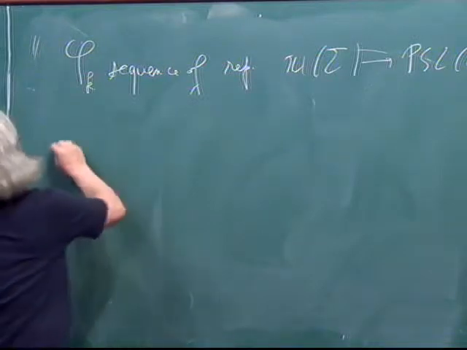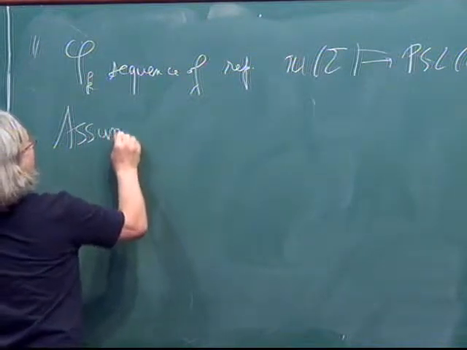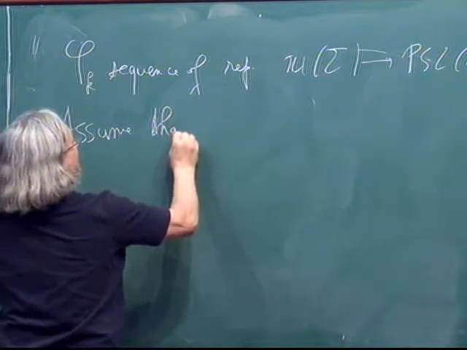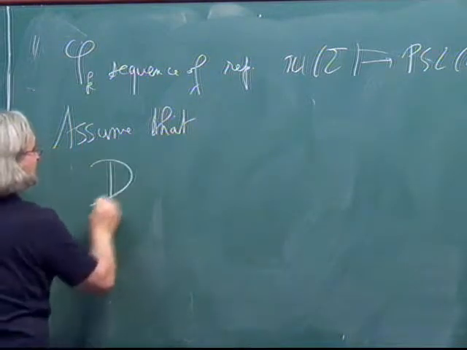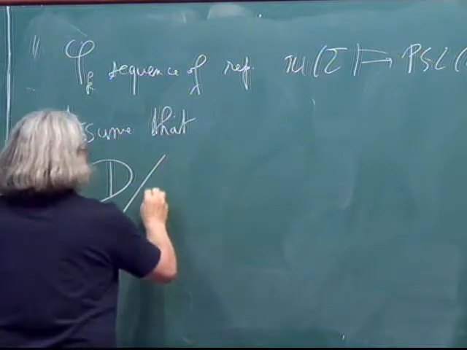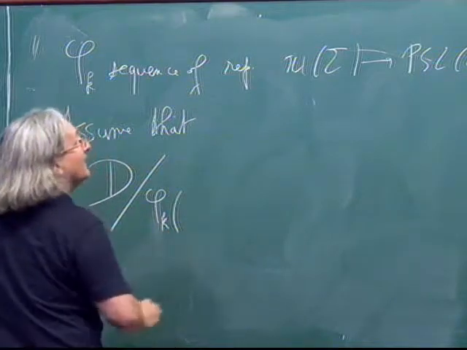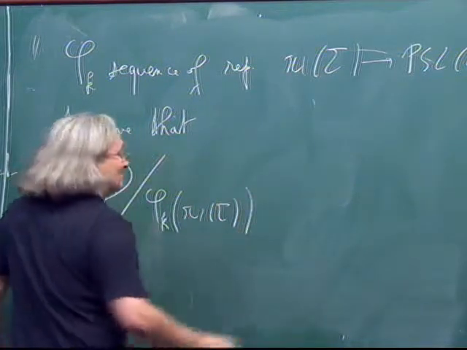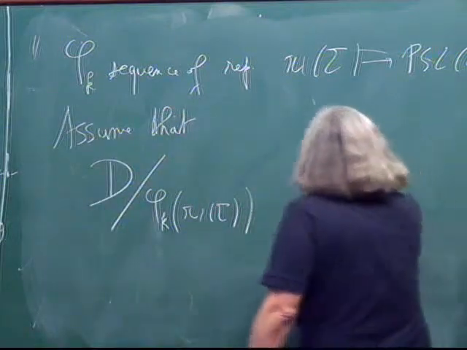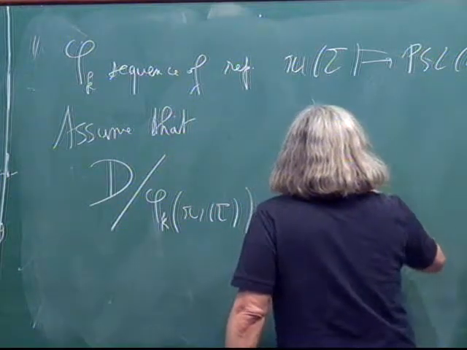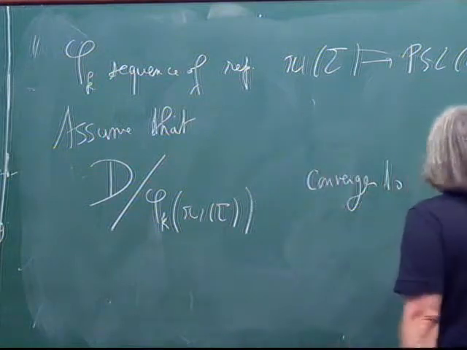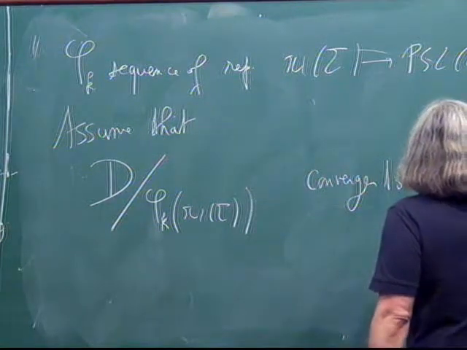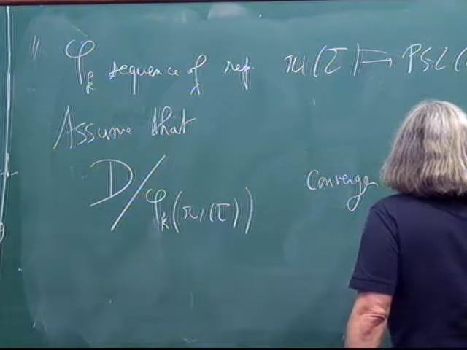So you assume that, let's say, the Poincaré disk divided by phi k of pi 1 sigma converges to some limit, to some Riemannian metric.